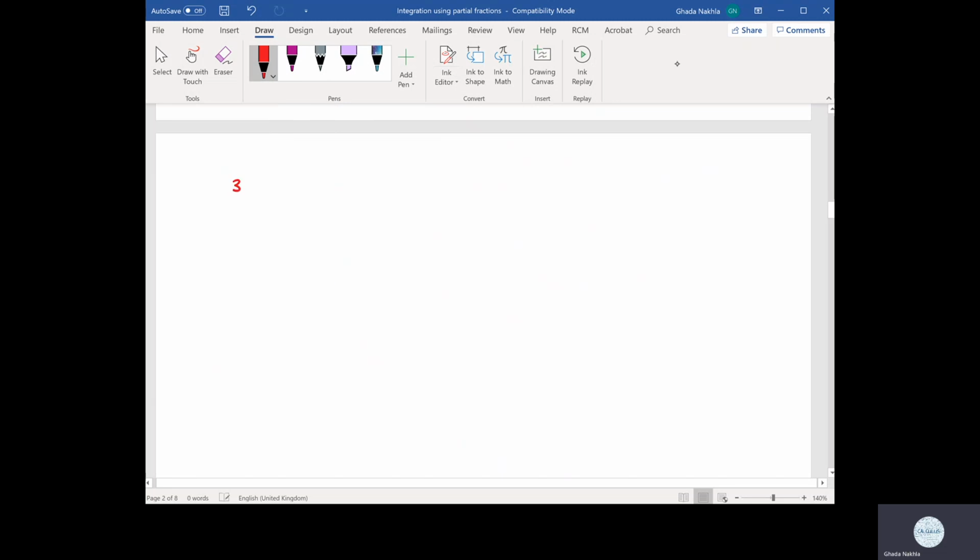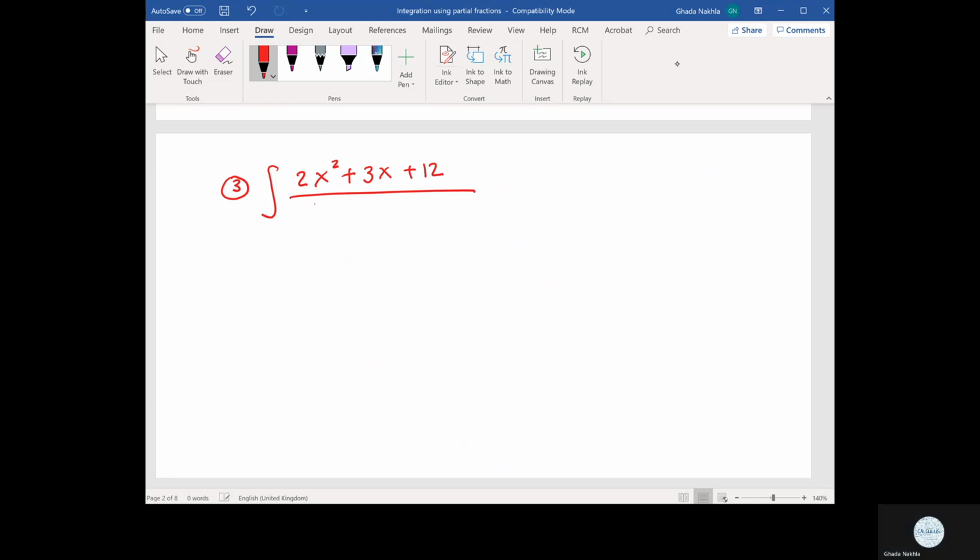So question 3, and in this case we are integrating (2x squared plus 3x plus 12) divided by (2x minus 1)(x plus 3) dx.